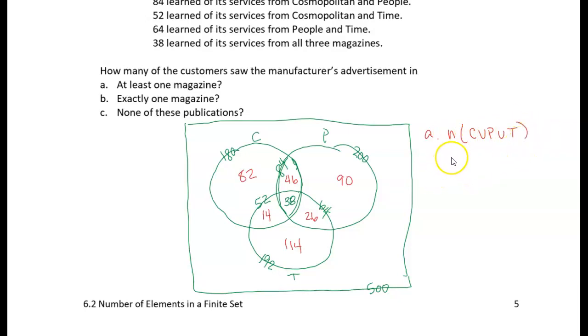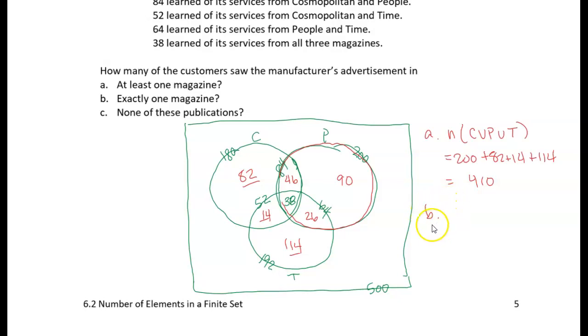It's not asking for the set notation, but I'm throwing it in there for your benefit. All right, so I know this whole circle here is 200, right? So I'm going to take the 200 and then I'm going to add on the 82 and the 14 and the 114. So add 82 plus 14 plus 114. Okay, so I put that in my calculator and I got 410 people learned from at least one magazine.